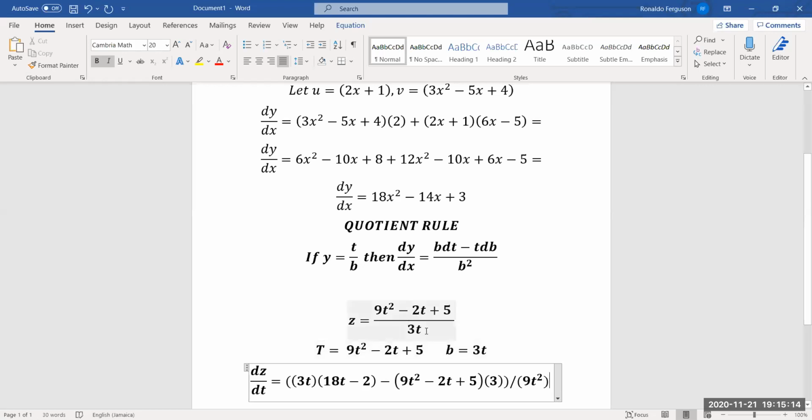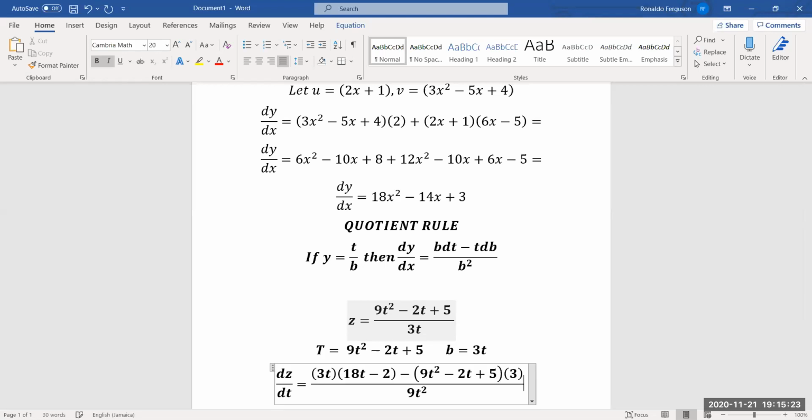So 3t squared means 3t times 3t. That's how you square something. If I'm asking you, what is the square of 4x cubed?